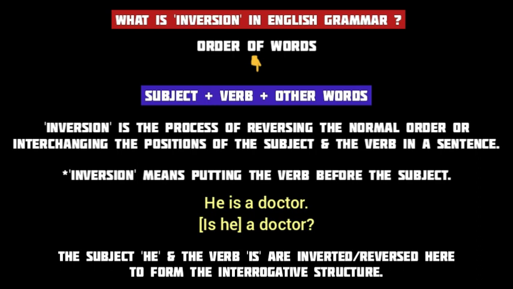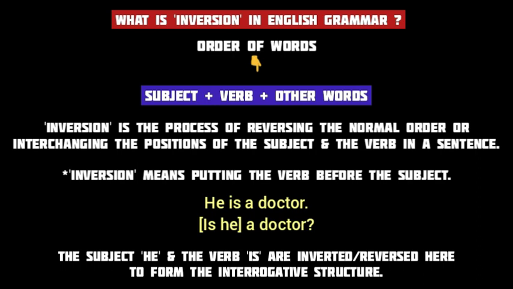So remember, in English grammar, inversion is the process of reversing the normal order or interchanging the positions of the subject and the verb in a sentence. In short, inversion simply means placing the verb before the subject in a sentence in certain situations or to serve certain purposes.